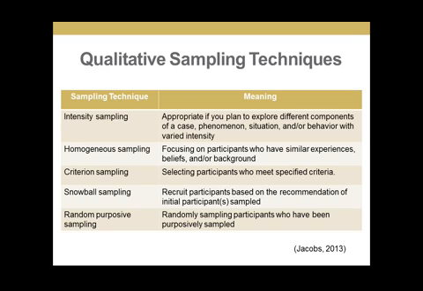So you have a list of things that a person has to meet to be selected. Criterion sampling is sampling participants based on a specified qualification. So maybe the participant should be between 18 and 25. They should have mental health issues. They should have this, they should have that. These are the criteria that you have to follow.